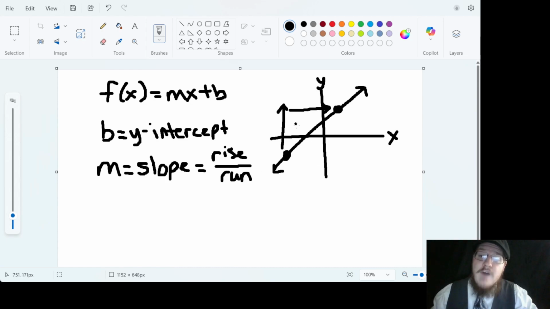Now, in order to find what that value is, the rise over run, you establish the left and right numbers, okay? So, this is our left point. This is our right point.